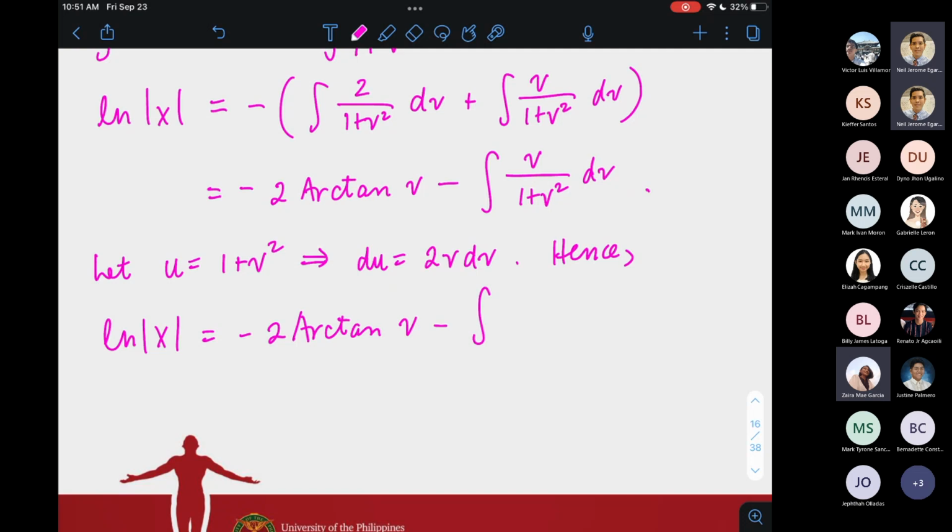So I'll have du over 2 all over 1 plus v squared is simply u. So then we'll have negative 2 arctangent ng v minus 1/2 gawa ng constant na nandito, that's integral ng du over u. That's ln ng absolute value ng u. And then finally, I'll write the arbitrary constant c.